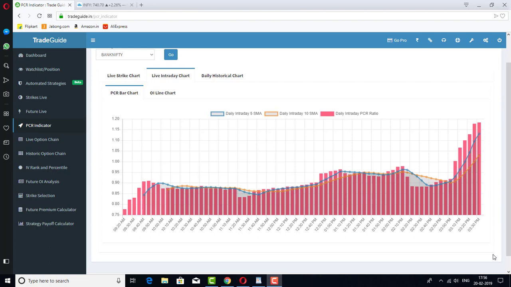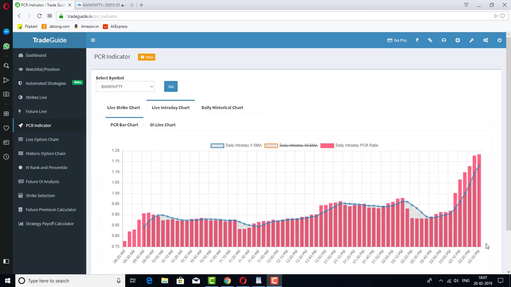I recommend that you do it after you see 2 bars for confirmation. Whenever there is a crossover to the downside, you can take a bearish position. So it is not only for a bullish position; you can also use it for a bearish position.